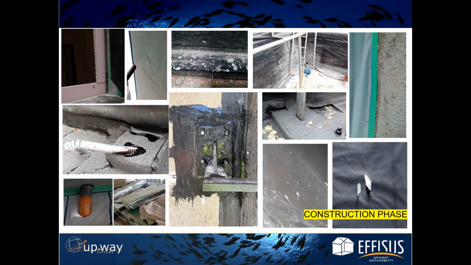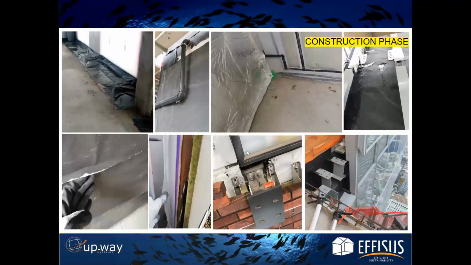And the result is, as you can see here, in this number of pictures, poor interface sealing, membranes applied without having protection, incompatibilities between different materials, wrong perforation sealings. Sometimes you have material that is in stock, but they are not in a good condition. Also, you have membranes that are damaged by puncture and lack of protection. And there are endless problems that you can find at site.